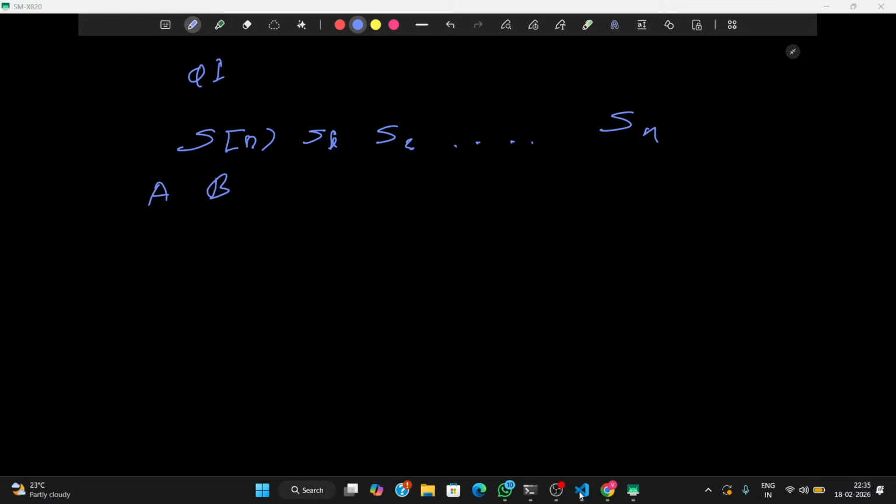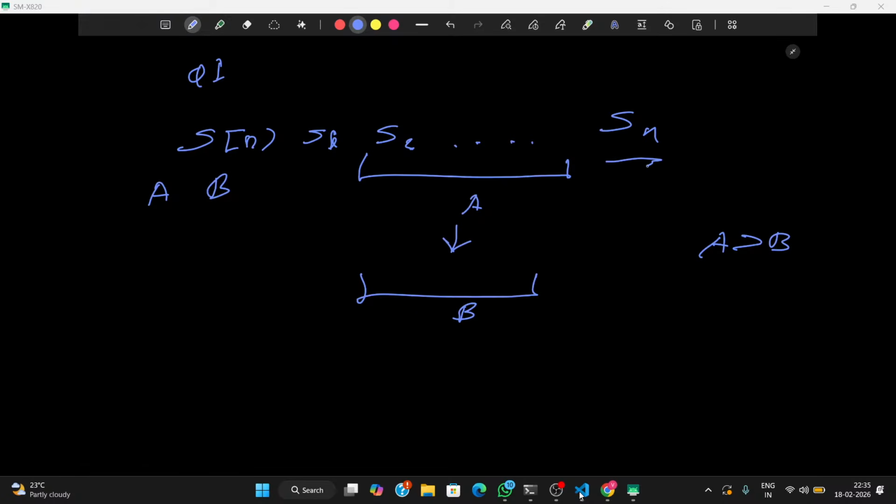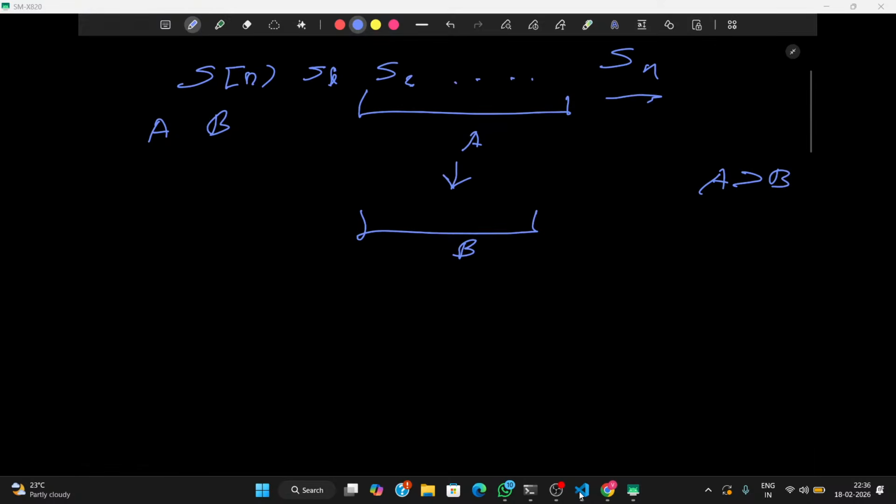We can choose a substring of length a and replace it with a substring of length b. It is given that a is always greater than b. So whenever we replace this substring of length a with a substring of length b, the length of the string will decrease. We are taking out any a characters and adding b characters. So the string's length will always decrease, and this process will terminate.